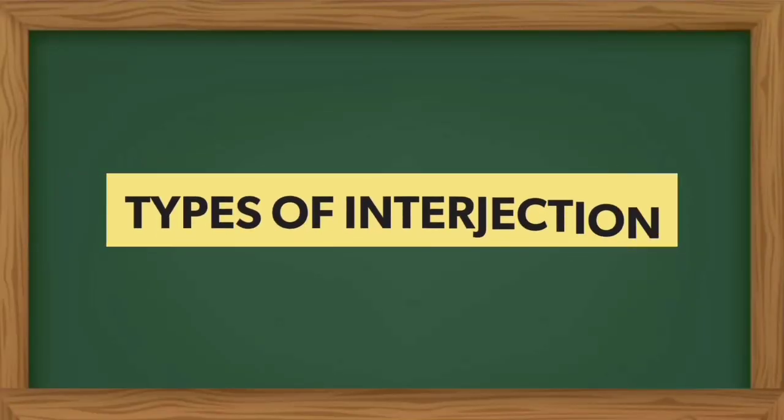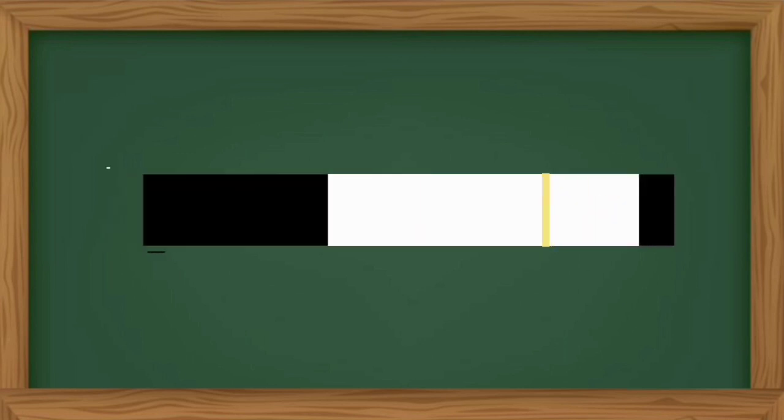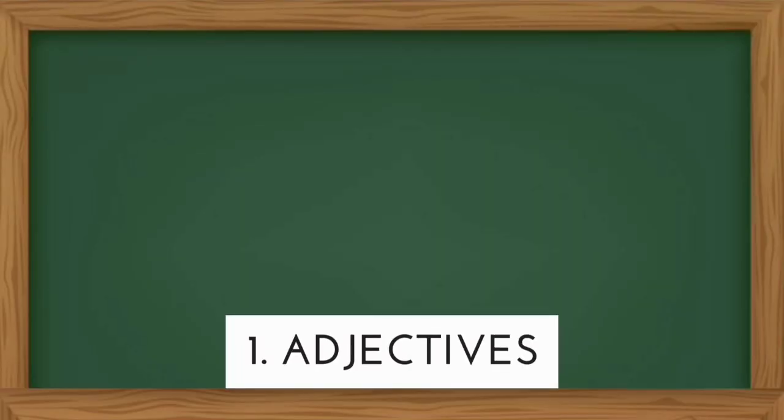This time, let us discuss the different types of interjections. The first type are adjectives. Some adjectives can be used as interjections.